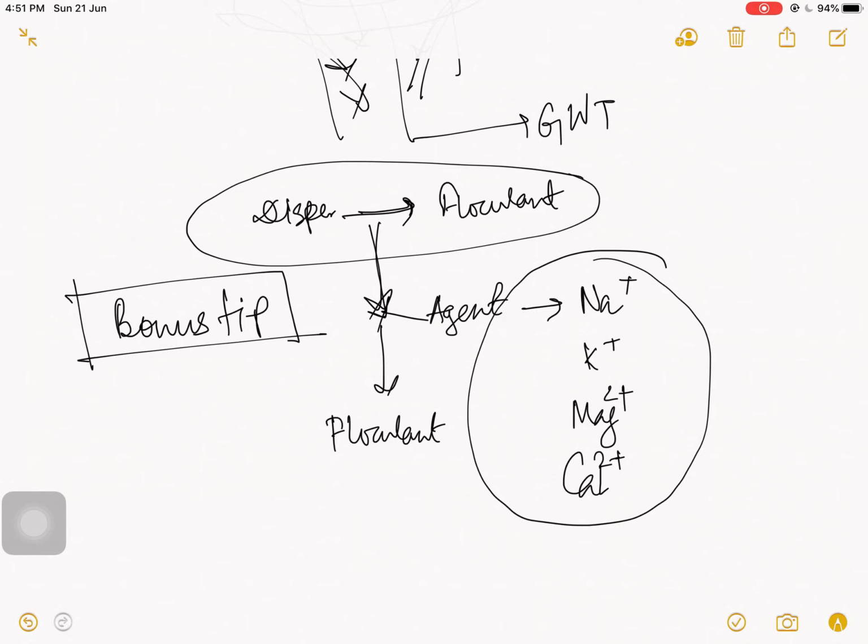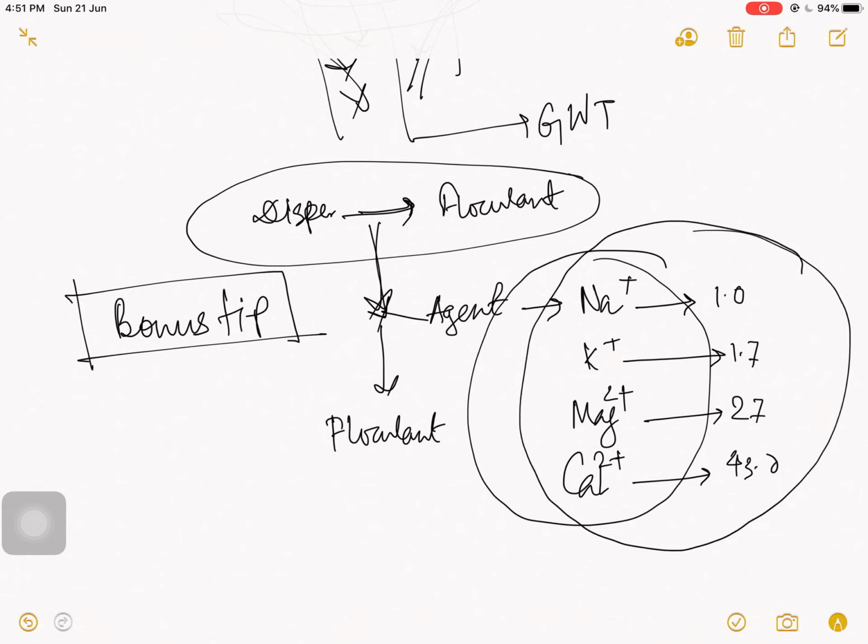Why? Because sodium has a relative flocculent power of 1.0, potassium has 1.7, magnesium has 27, calcium is 43. For this reason, in irrigation we have to find out the SAR number.